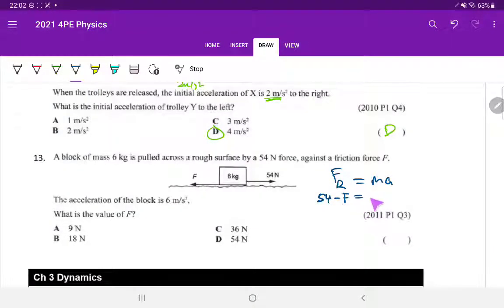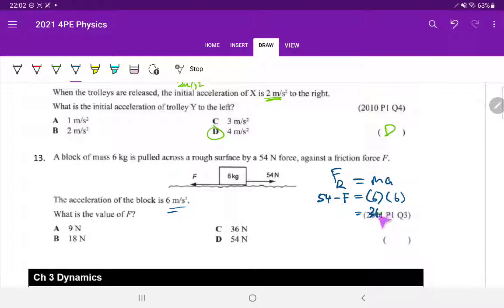And then my mass is 6 kg and my acceleration, they tell me, is 6 meters per second squared, sorry. So this is my acceleration, right? So probably shouldn't have written here. I'm just going to write over it.